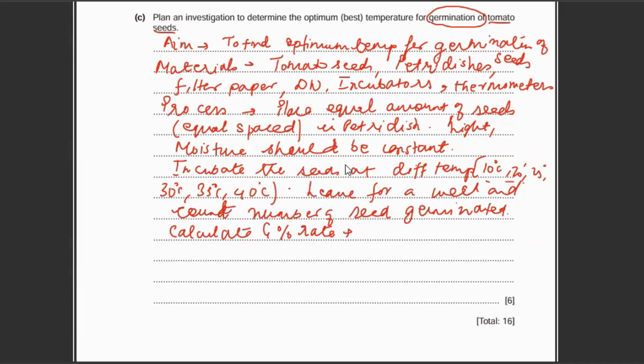So we have taken a time of 7 days, and then you calculate the germination percentage: number of seeds germinated divided by total seeds, into 100. At every temperature, you need to calculate this germination percentage.